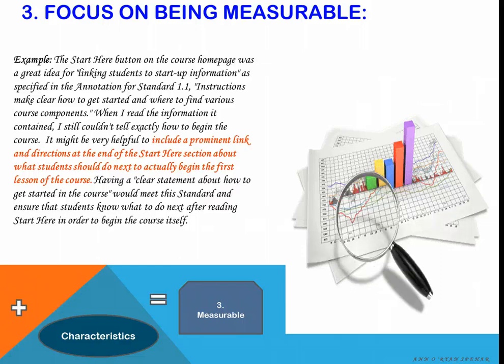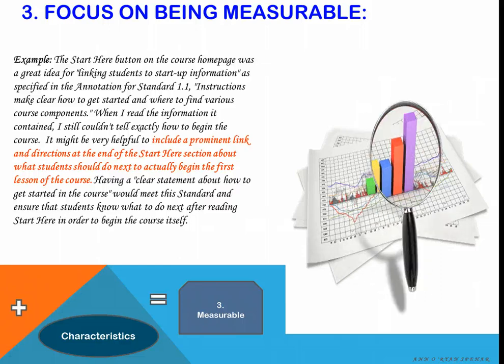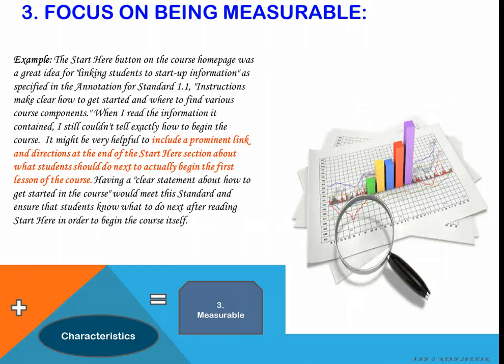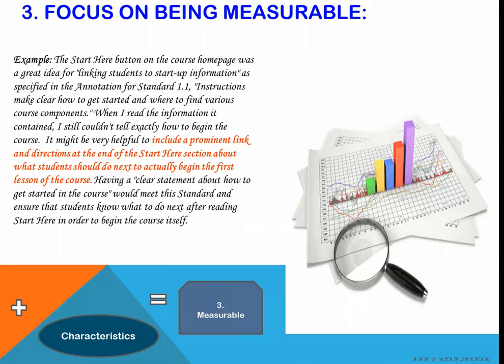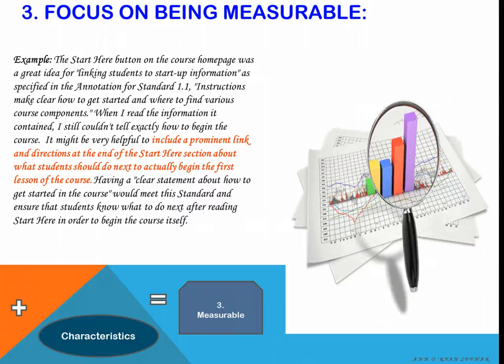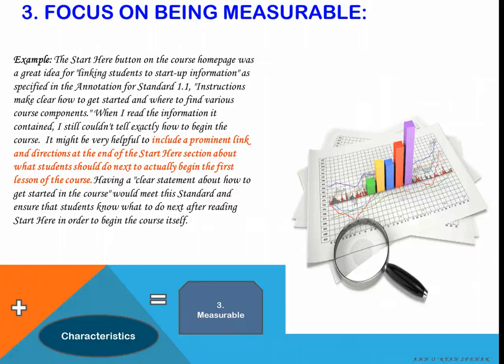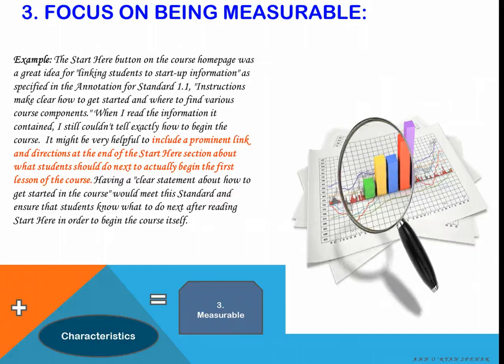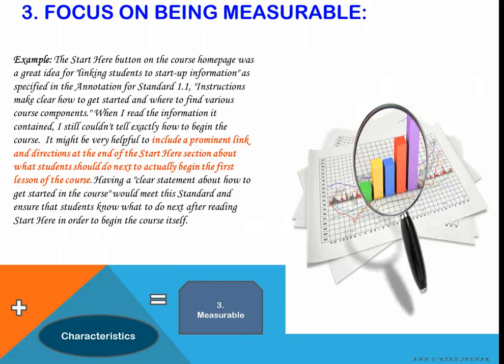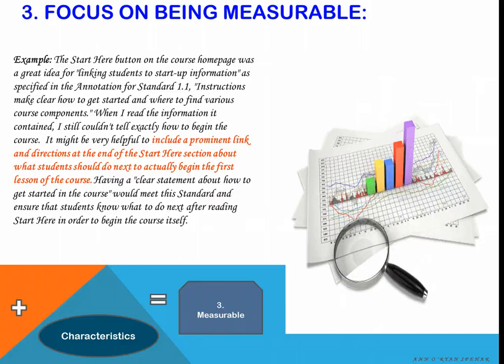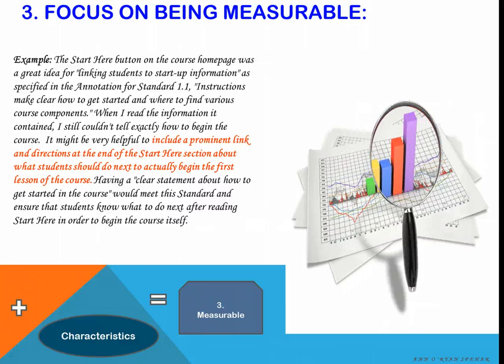It might be very helpful to include a prominent link and directions at the end of the Start Here section about what students should do next to actually begin the first lesson of the course. Having a clear statement about how to get started in the course would meet this standard and ensure that students know exactly what to expect after reading a Start Here and in order to begin the course itself.